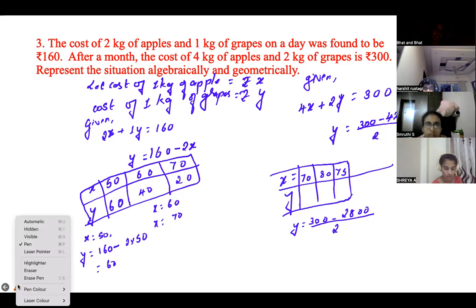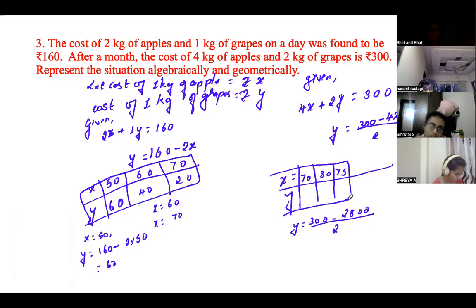So 300 minus 280 is 20 upon 2, which is 10. 20 upon 2, that is 10.